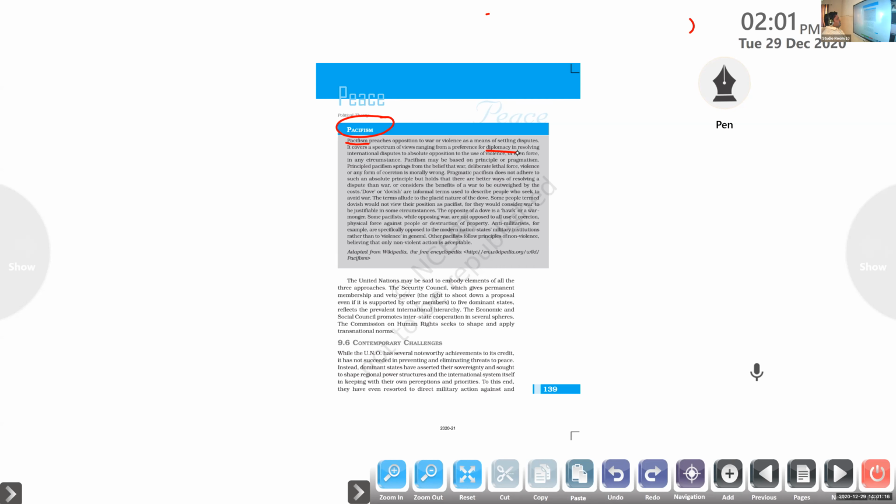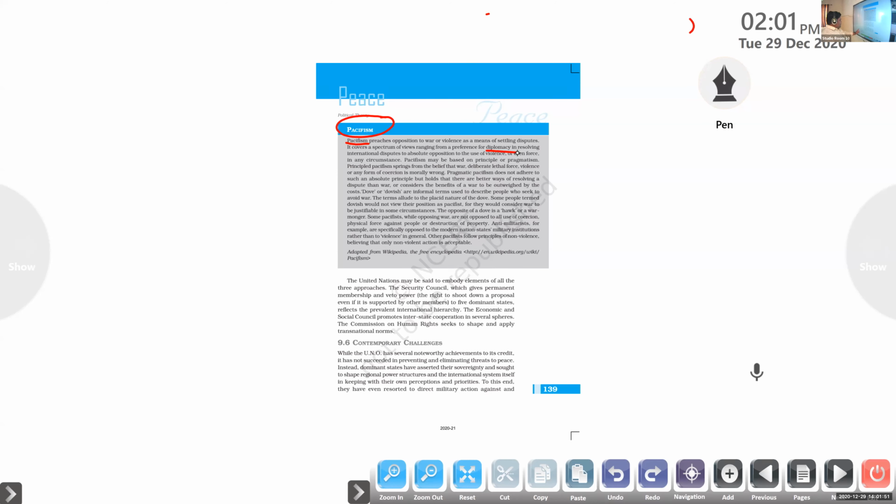Violence or any form of coercion is morally wrong. As per those who believe in pacifism, any type of force is considered illegal or not needed.